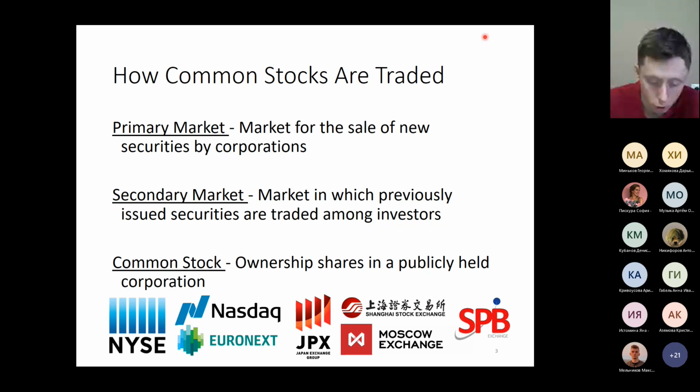And apart from the common stocks, there is also a kind of stock called preferred stocks. We'll discuss them in more detail later in our course, but the main difference is that preferred stocks receive the dividends earlier.